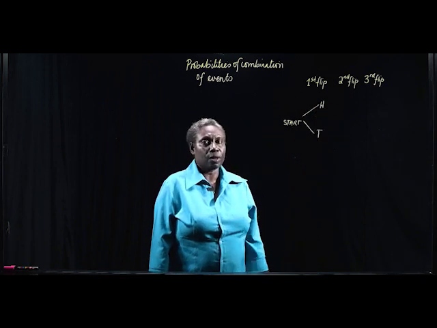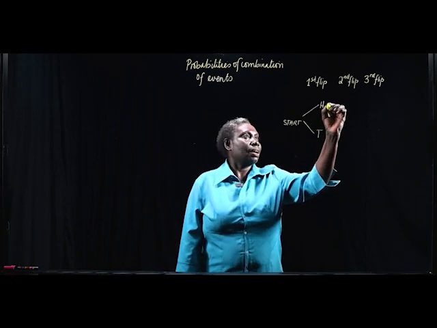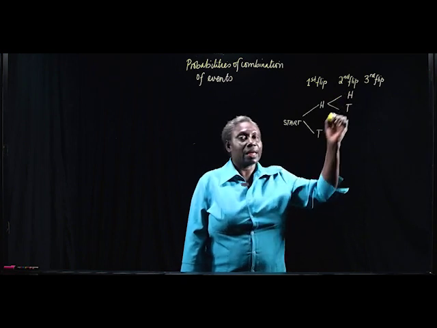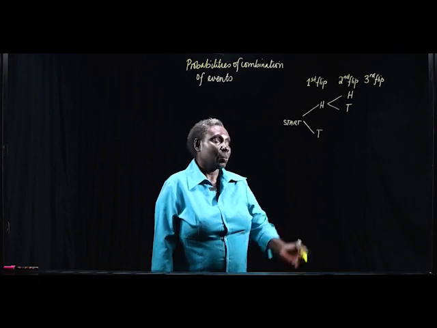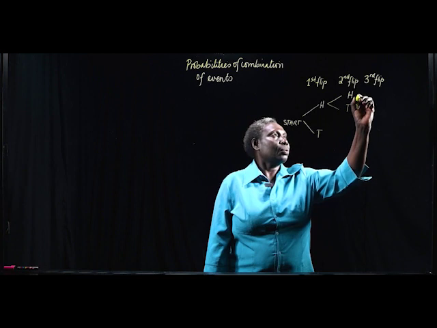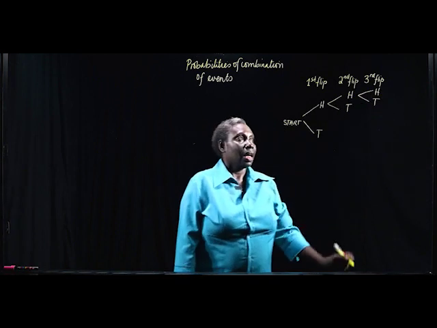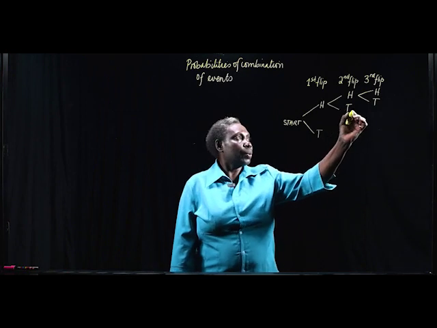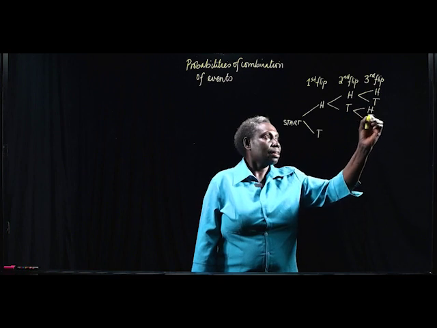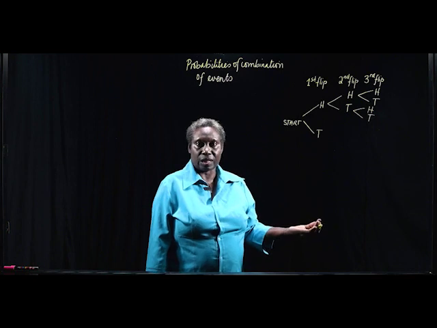Now, when we flip it for the second time, that head will have again a head and a tail. And then when we flip it the third time, the head here will also have a head and a tail. And this tail here will also have a head and a tail. That's for the head alone when we flip it 3 times.